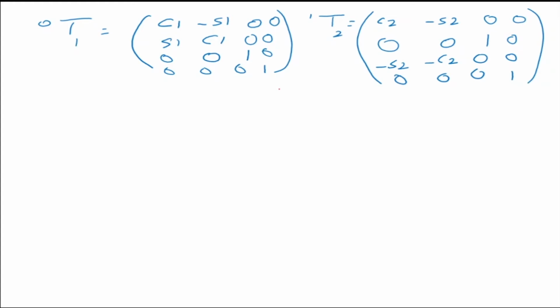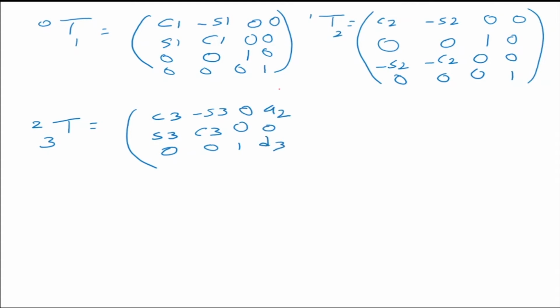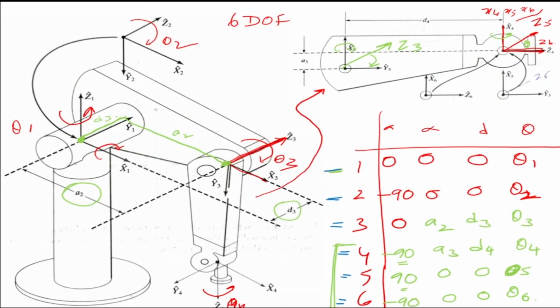The third one is T2 to 3, which is equal to cos 3, minus sin 3, cos 3, 0, 0, 1, 0, 0, 1, and here it is A2, 0, D3, 1. So I hope you understand how we get these matrices. We are essentially taking one row at a time, putting it in the generalized matrix which we wrote in the last class, and then we proceed.